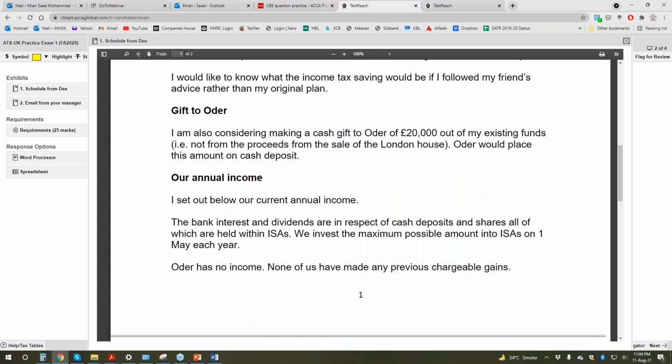Our annual income. I set out below our current annual income. The bank interest and dividends are in respect of cash deposits and shares, all of which are held within ISAs. We invest the maximum possible amount into ISAs on 1st May each year.